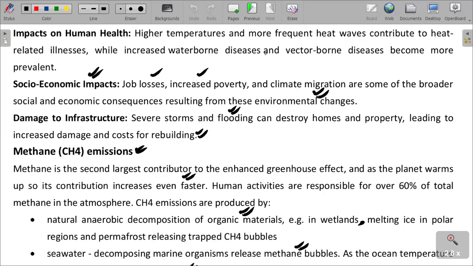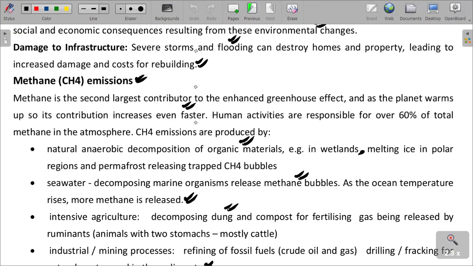Damaging of infrastructure, which is caused because of flooding, destroying homes and property, leading to increased damage and cost of rebuilding those houses. I think we have an example, the KZN floods. We have floods that have affected KZN severally, which has left people homeless, and even up to now, some of our infrastructure is not yet fixed.